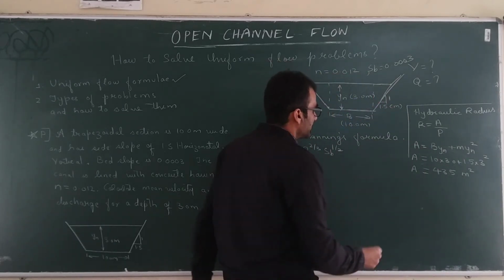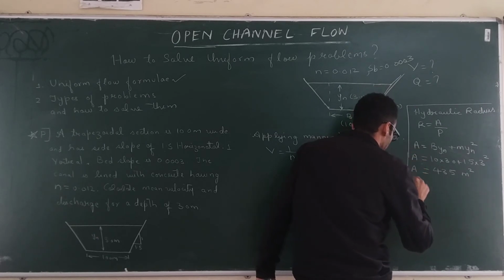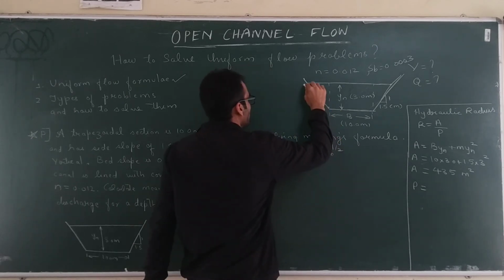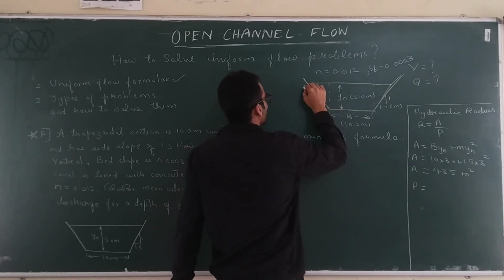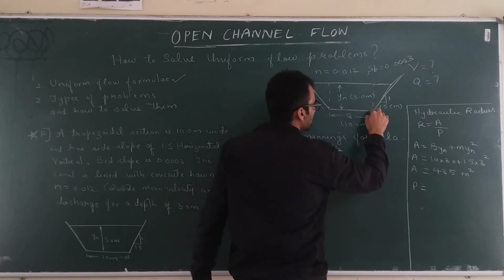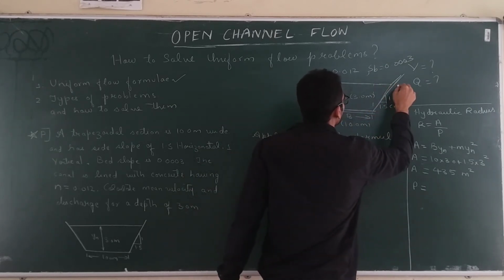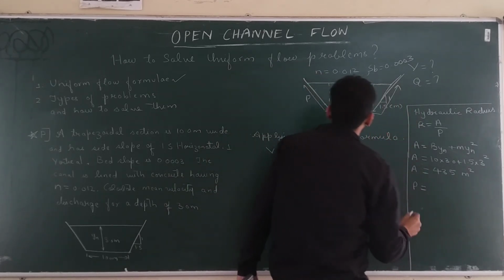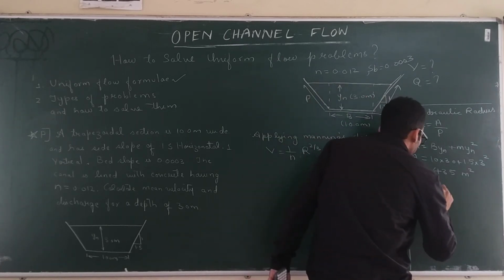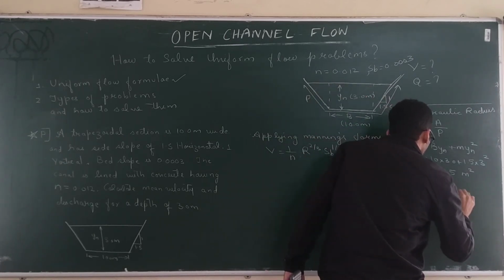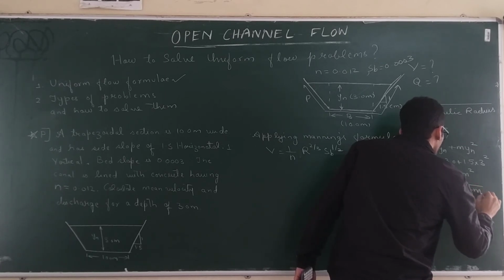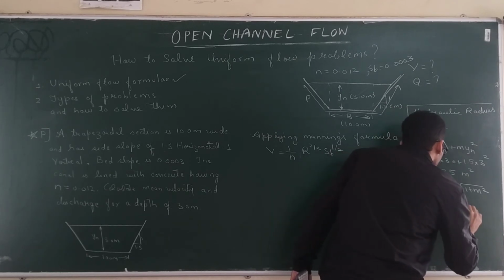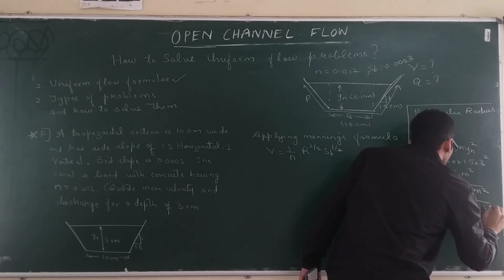Second is wetted perimeter. Wetted perimeter is the length of the cross section that is wetted by the flow. So this length, from here to here, here to here, and here to here, is the wetted perimeter. Wetted perimeter formula we also derived in earlier classes. For a trapezoidal section, it is b plus twice yn under root 1 plus m square. So b is 10 plus 2 into yn is 3 under root 1 plus m square, m is 1.5.